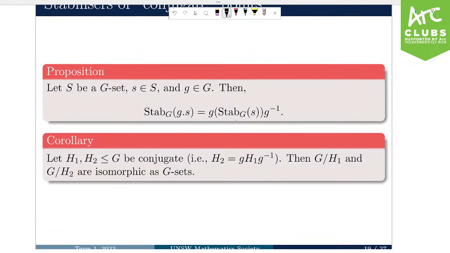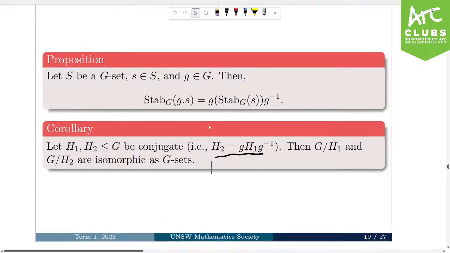A corollary of this is, let's say two subgroups of G are conjugate, so H1 and H2 are conjugate, which means this. Then G mod H1 and G mod H2 are isomorphic as G-sets.